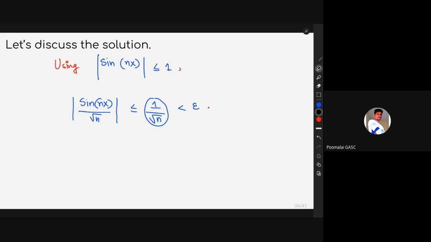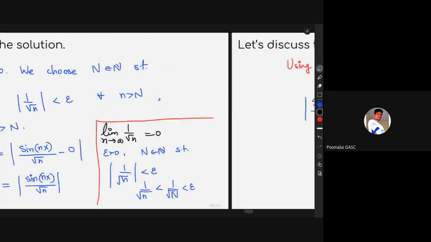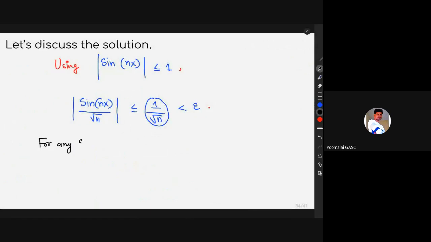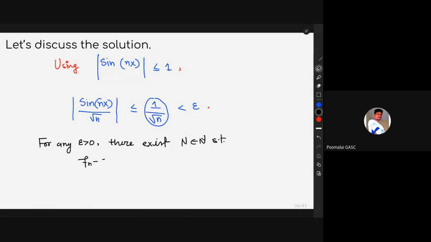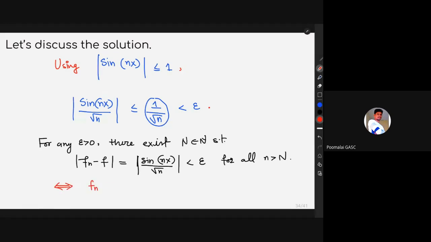Okay. So in particular, if I just try to summarize whatever I have done, I started, so for any epsilon greater than 0, I have found the existence of a natural number N such that fn minus f, which is sine nx over square root of n, is smaller than epsilon for all n greater than capital N, which is equivalent to proving that fn converges to f uniformly.